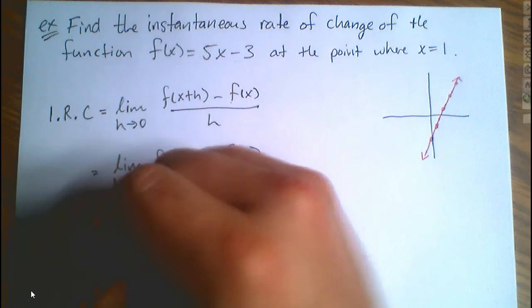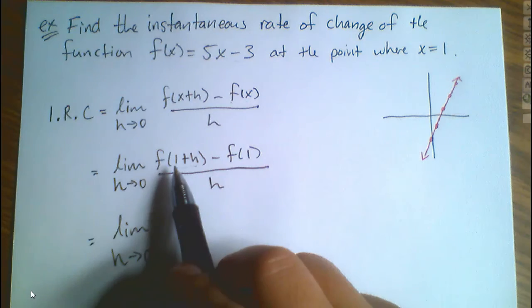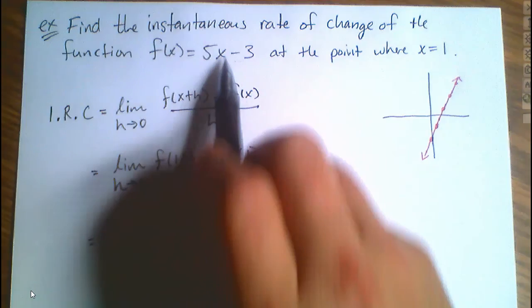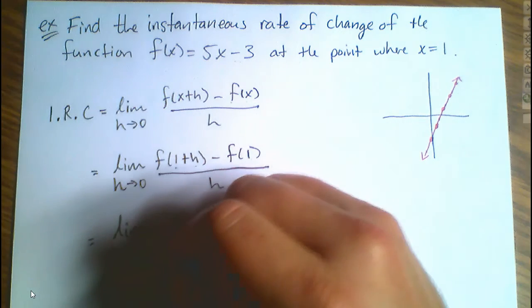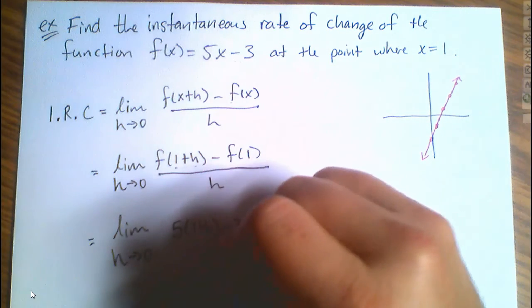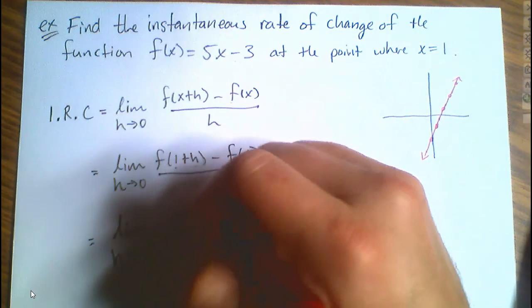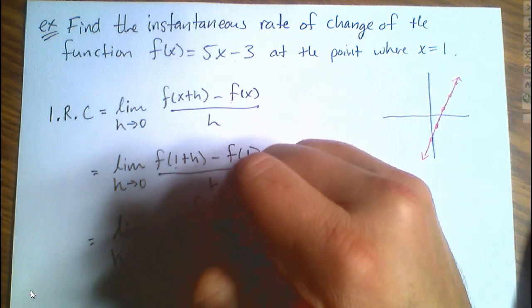So let's go ahead and do that. The limit as h goes to 0 of, we're taking our 1 plus h, plugging it in for x here. So we'll have 5 times 1 plus h minus 3.